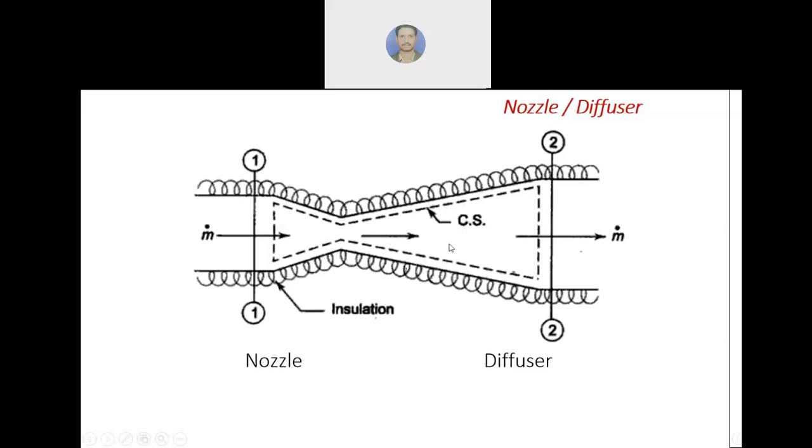Now this wiring-like system denotes insulation. So here we can see both things together, nozzle as well as diffuser. Just see it carefully, observe it, analyze it.